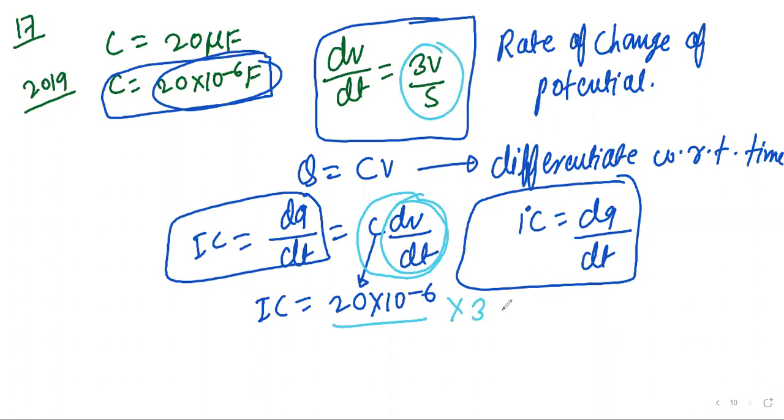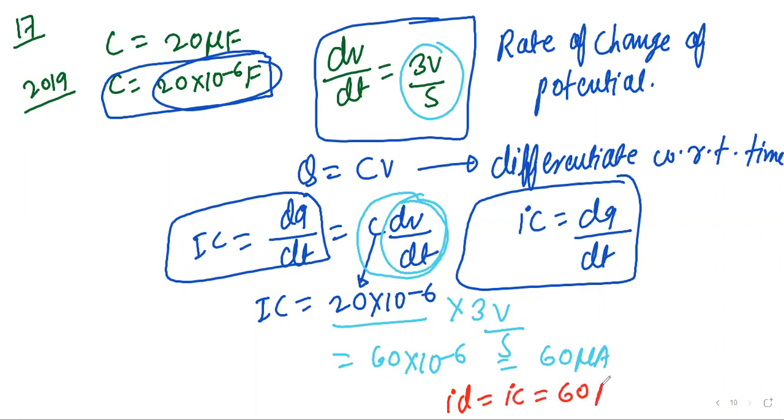So it is multiplied with 3 volt per second. So multiply it, you will get 60 into 10 raised to minus 6. So it is equal to 60 microampere, right? So then ID is equal to IC is equal to 60 microampere. So this is the value we have got.